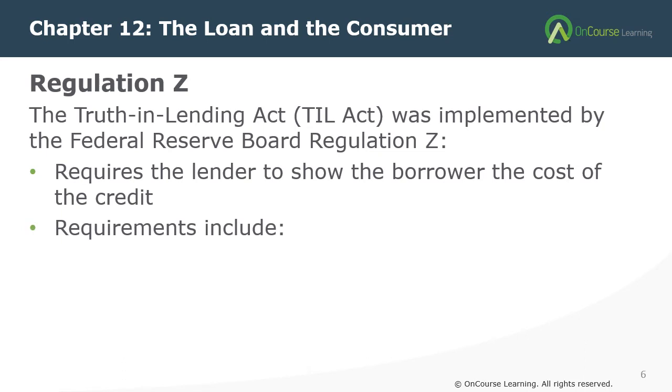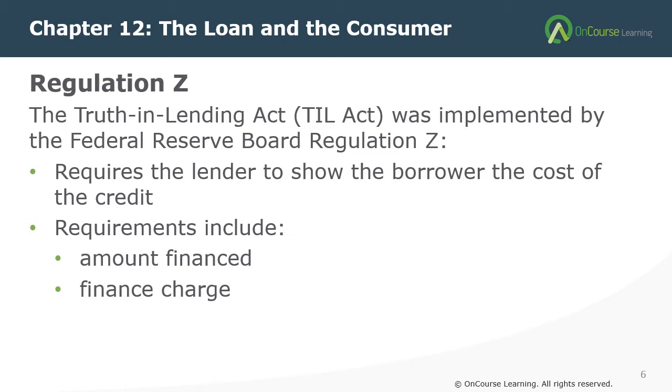Those requirements include the amount that's financed by the lender, and if there are any finance charges associated with that. Of course, that would include the interest over the life of the loan, plus are there any origination fees? Will anything be charged in points?